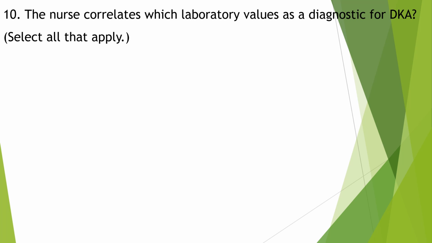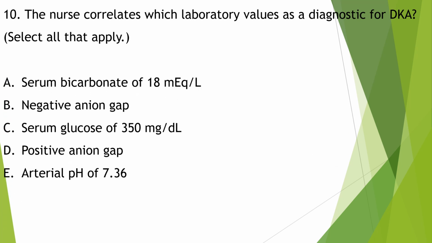The nurse correlates which laboratory values as a diagnostic for diabetic ketoacidosis? Serum bicarbonate of 18 milliequivalents per liter, negative anion gap, serum glucose of 350 mg per dl, positive anion gap, arterial pH of 7.36.